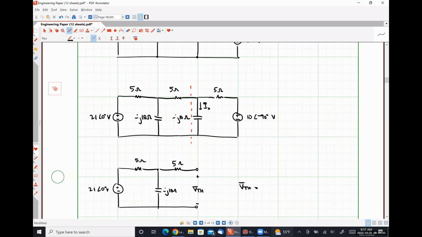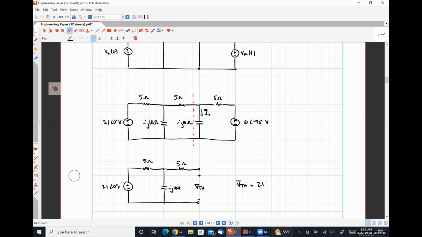So understanding that there's no voltage drop across the 5 ohm resistor on the right, we can say that this is going to be 21 angle 0 degrees volts times negative J10 ohms over 5 minus J10 ohms. And I'm going to throw that in my calculator.